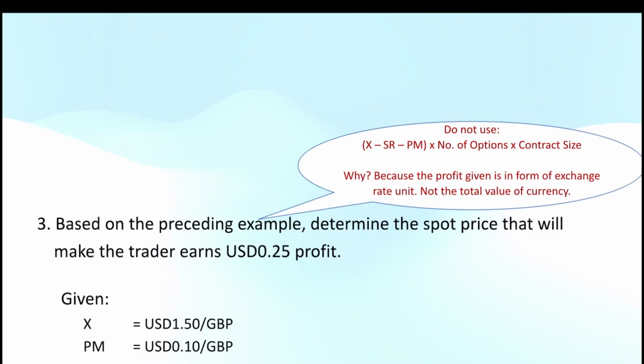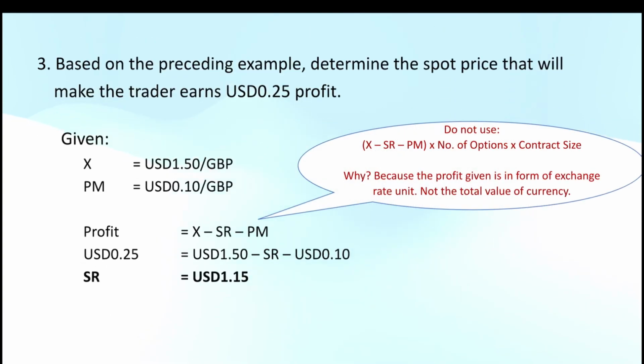Okay, let's look at the third question. Based on the preceding example, determine the spot price that will make the dealer earn 0.25 US dollar profit. Given X is 1.50, the premium price is 0.10.